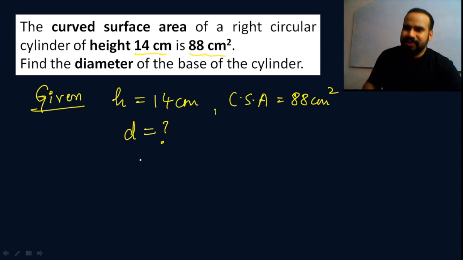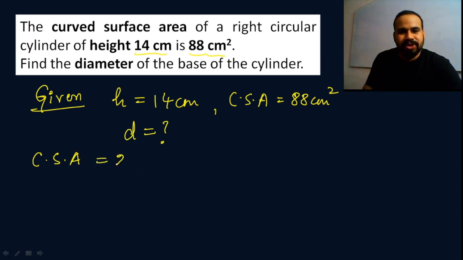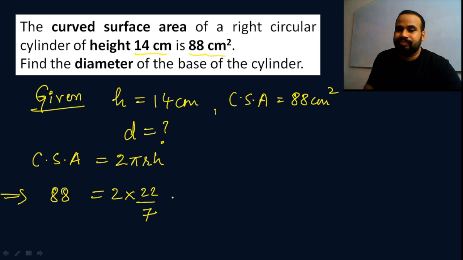For that, we will use the curved surface area formula. Curved surface area is given by 2 pi rh. This implies 88 is equal to 2 into the value of pi, which is 22 by 7. Radius is unknown. The height is 14 centimeters. If you cancel 7 and 14, you get 2 into 22 into 2 in the numerator.